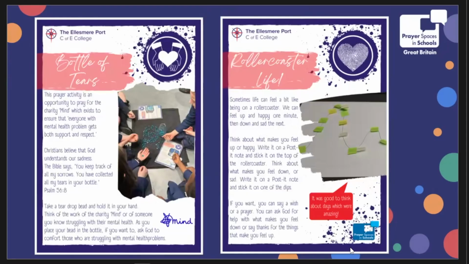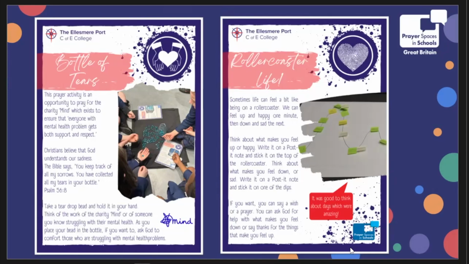There's another example here, Bottle of Tears. What we did was we took the prayer space activity from the prayer space website, but we matched it with looking at the charity Mind, who support people with mental health and well-being.